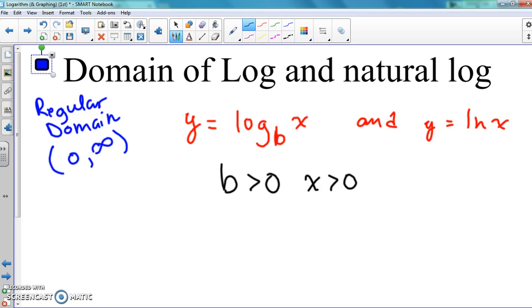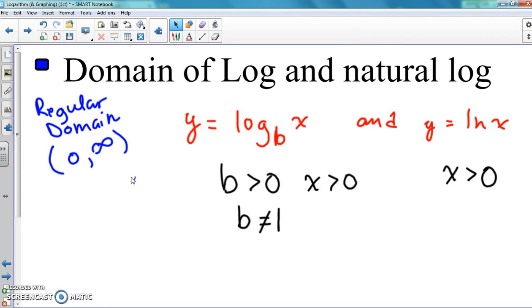And our b there is base e, so e is always bigger than 0 anyway. We're done with that part.